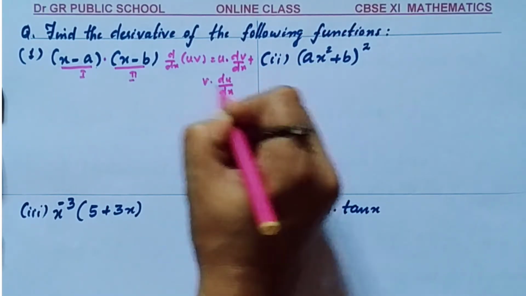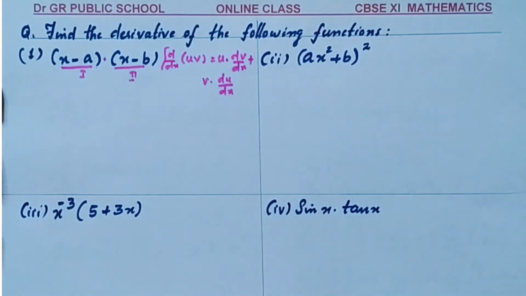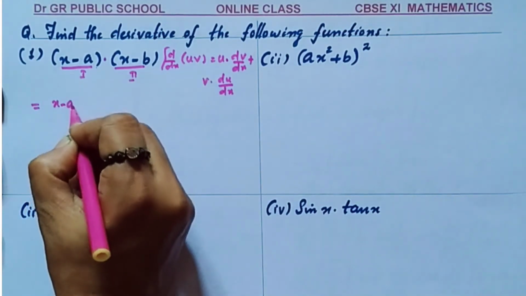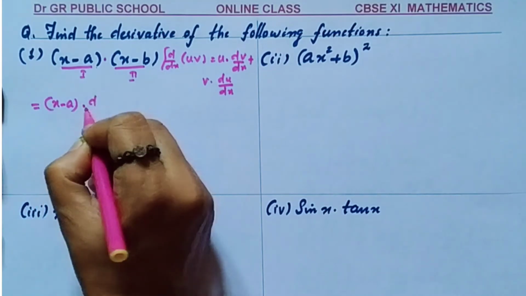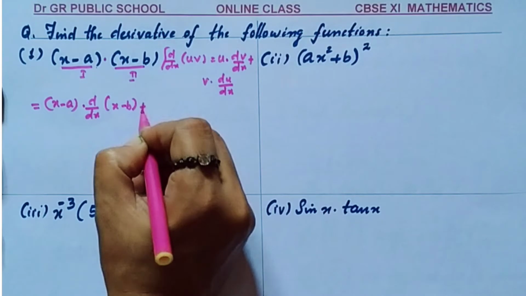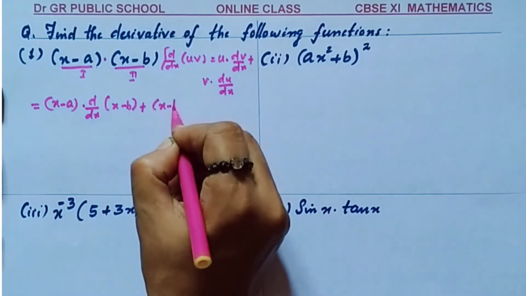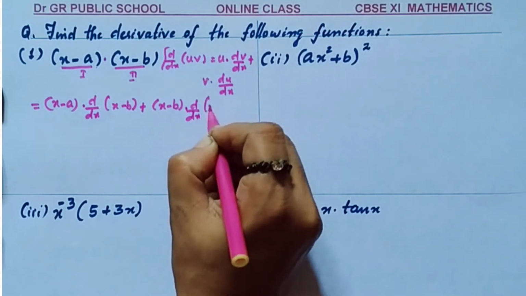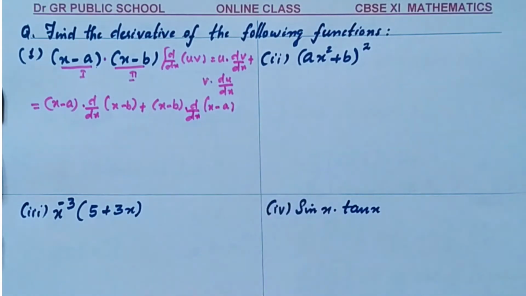In this way we are going to do this problem, which is equal to the first function x minus a into the derivative of the second x minus b, plus the second function x minus b into the derivative of the first function x minus a. This we need to find.